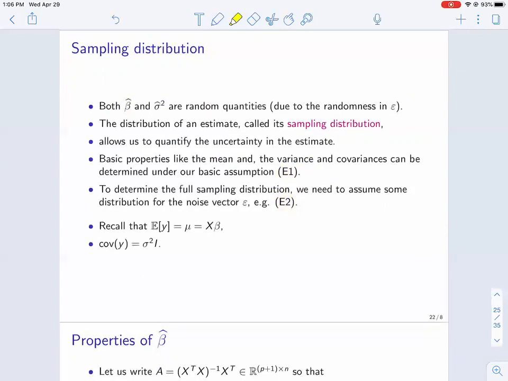We'll see. Some of the results are generally true under E1. Some require the normality or multivariate Gaussian assumption, E2.